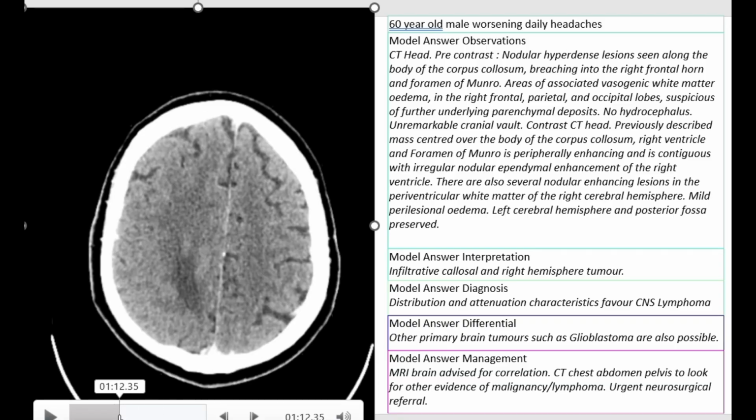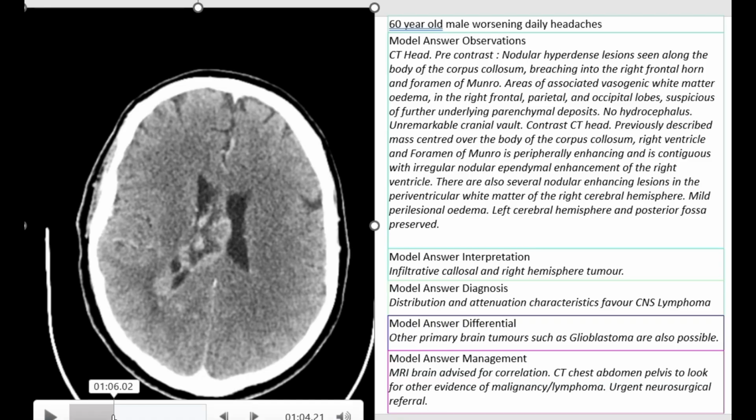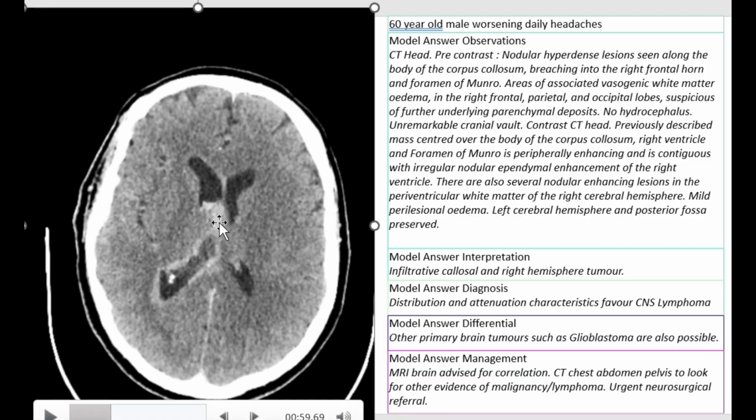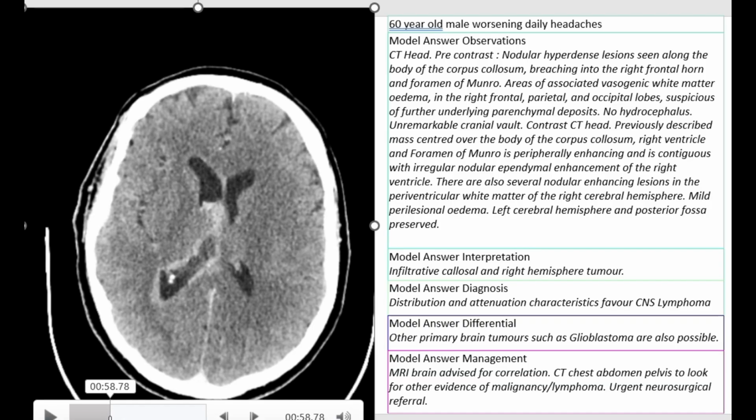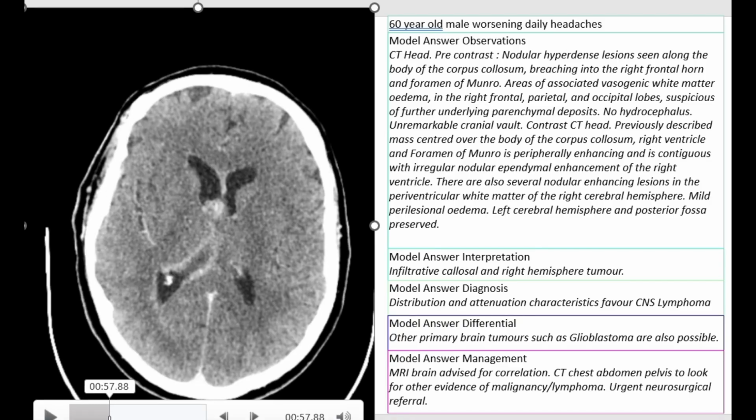So the lesions seen in the pre-contrast CT scan along the body of the corpus callosum showing here peripheral enhancement. Okay.